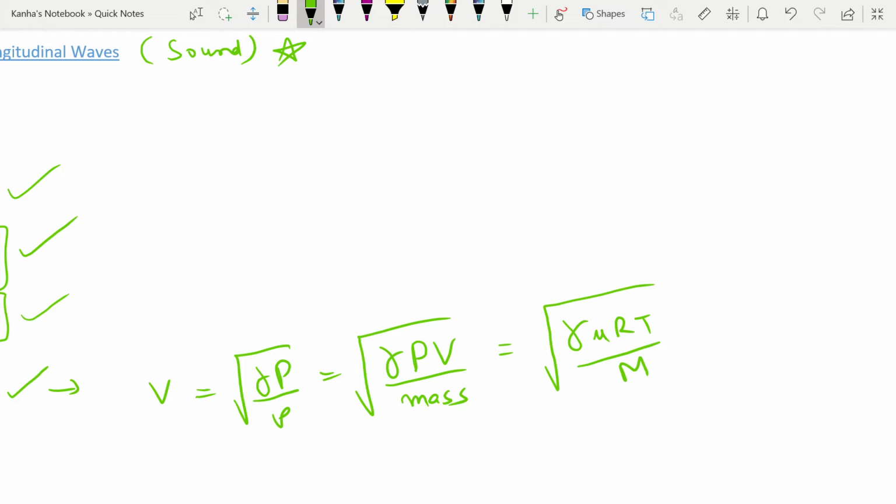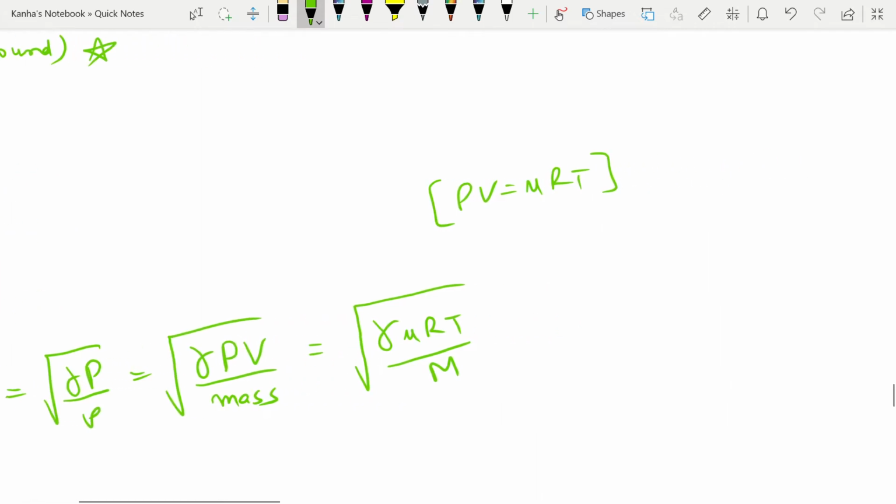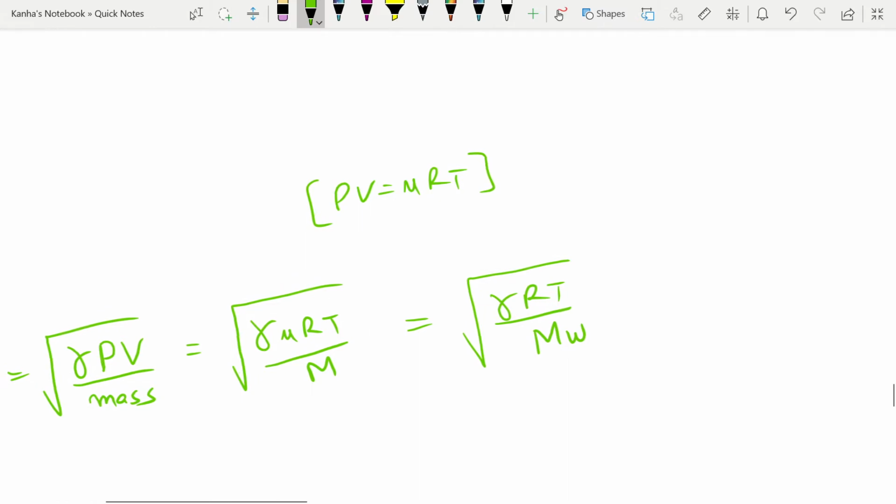Using the ideal gas equation, PV is equal to mu RT, I can even write this as root of gamma RT by Mw. And what is Mw? Mw is your molecular weight.